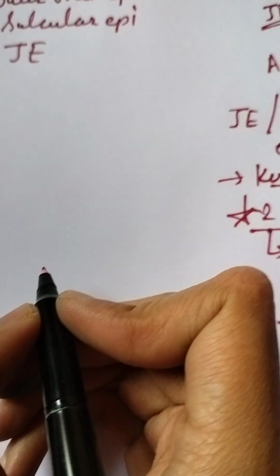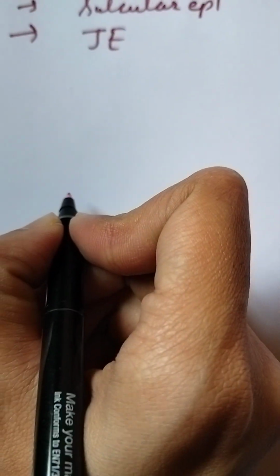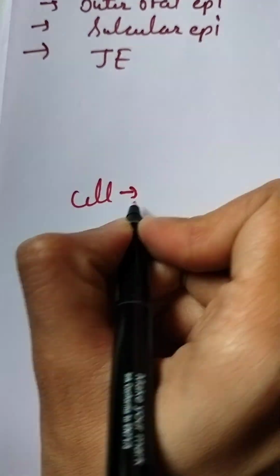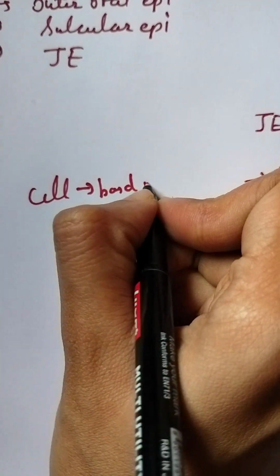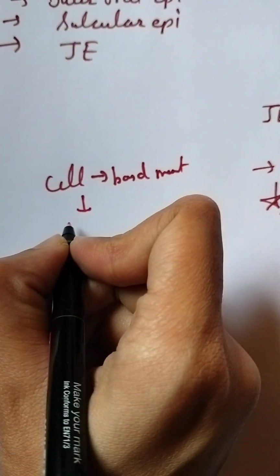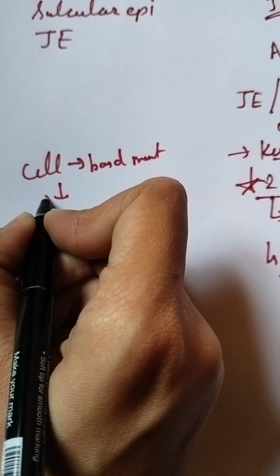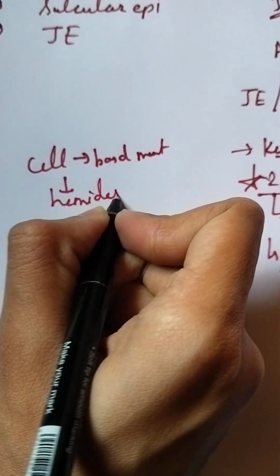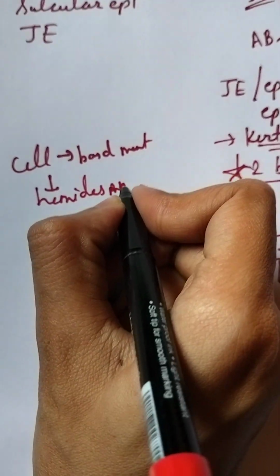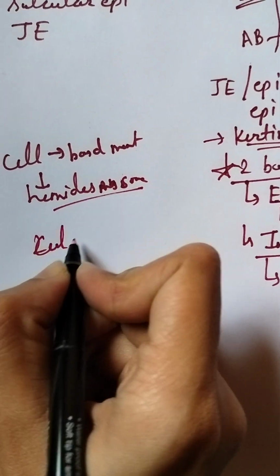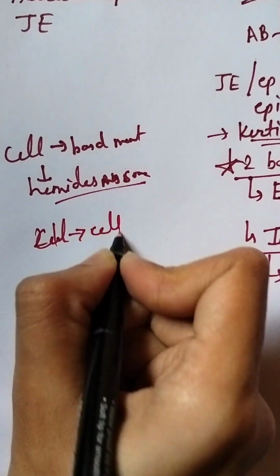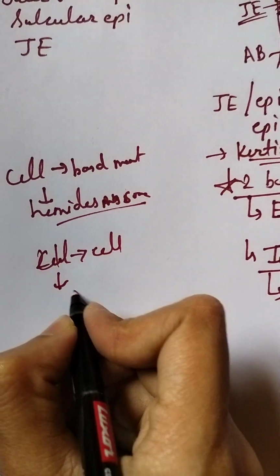The connection between the cell and the basement membrane is by the hemidesmosomes. And the cell to cell connection between two cells is by the desmosomes.